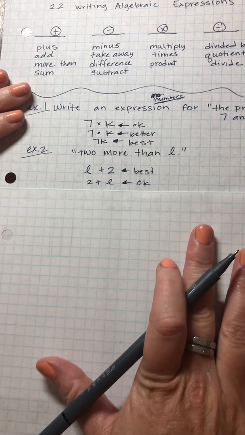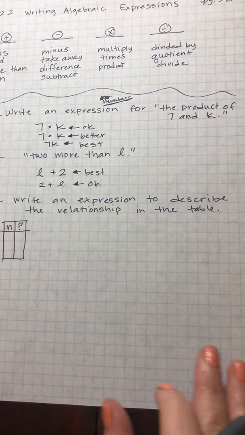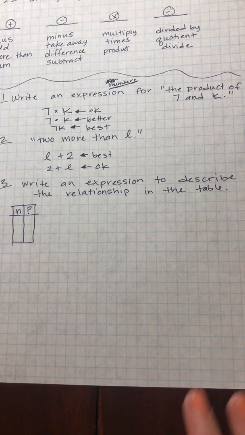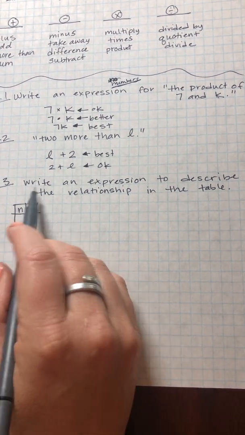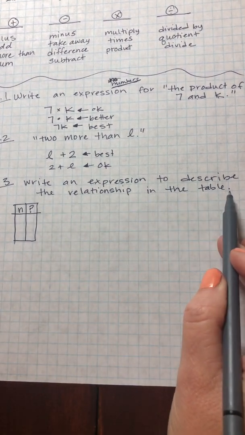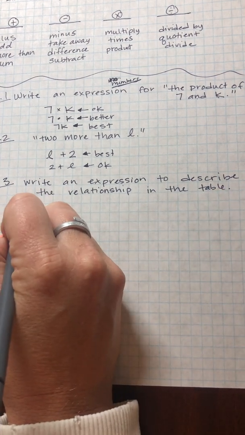Okay? Example 3, write an expression to describe the relationship in the table. Make sure I'm on there. I think you can read that. So in your books, they're going to give you a description like this. So write an expression to describe the relationship of the table. This is verbatim. And then the table is going to have numbers in it.